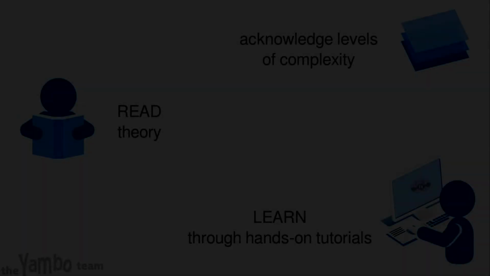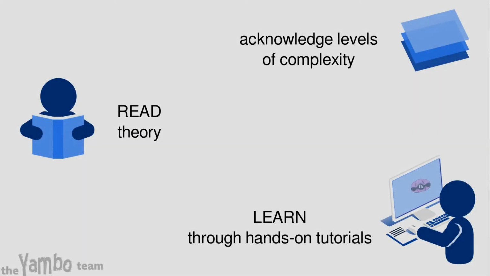So finally, to answer the question, how can we make the most out of Yambo? We need to acknowledge that there are several levels of complexity. We need to read about the physics, the theory, the numerical approach, and in this school, this part is covered by the lectures.